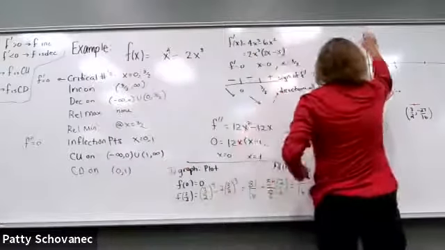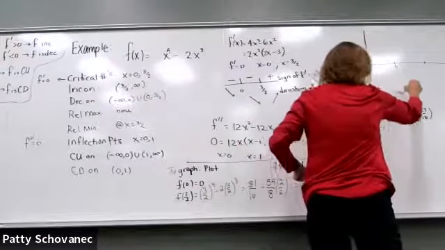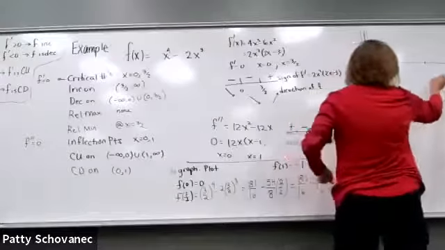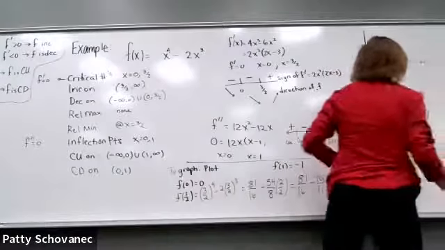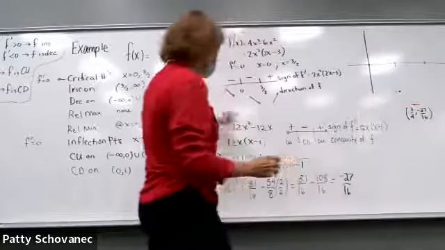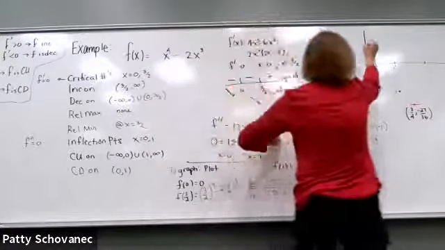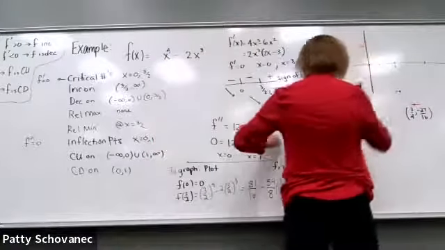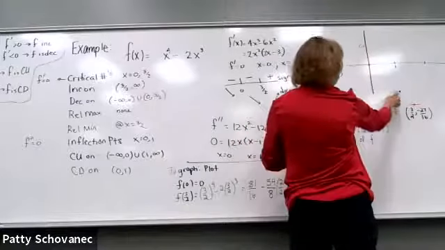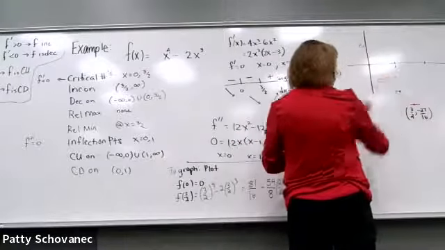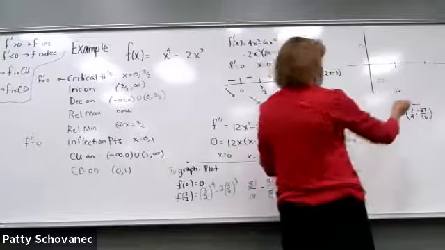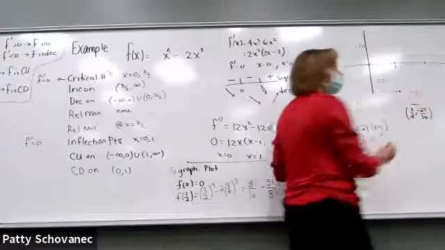So we're going to go down, down, and then up. But we have to do it in such a way that it's concave upward over here. In between 0 and 1, it's concave downward. And everywhere else, it's concave upward.